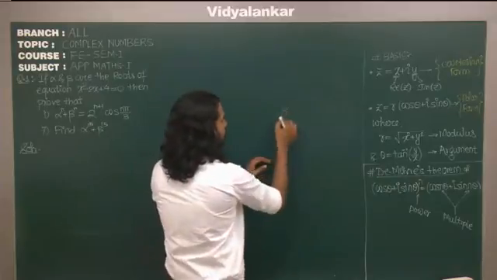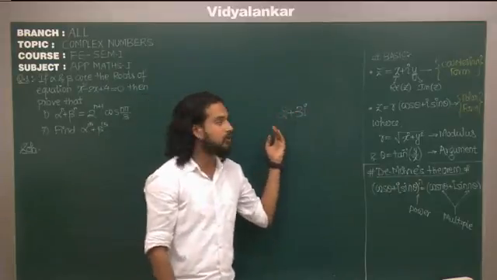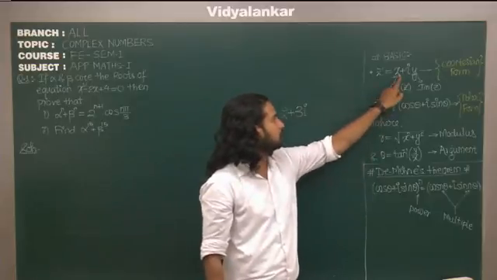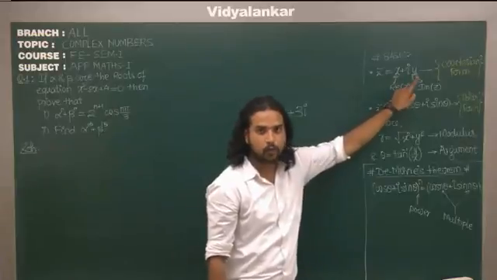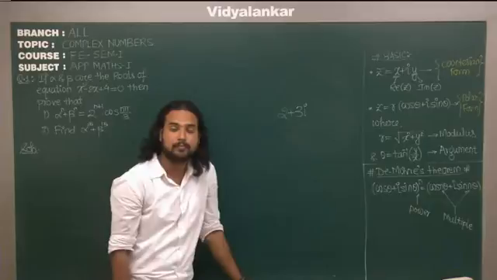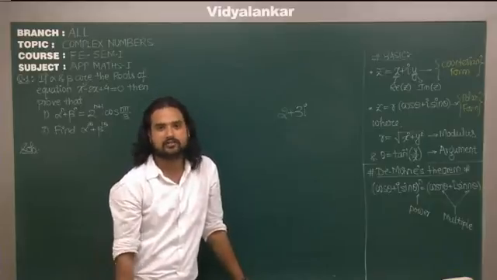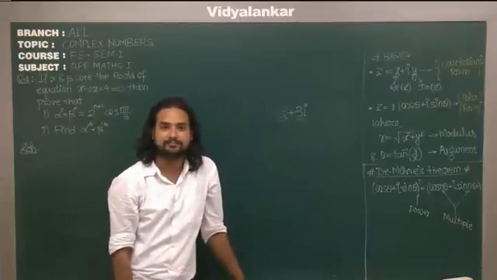Like if I say 2 plus 3i, now you will say yes, obviously it is a complex number because a complex number is of the form x plus iy, where x we call the real part and y we call the imaginary part. So here, is this a complex number if I ask you? Yes, obviously it is, and the real part is 2, imaginary part is 3.